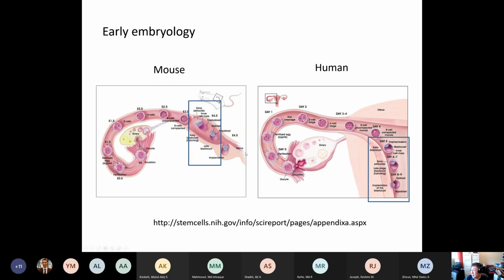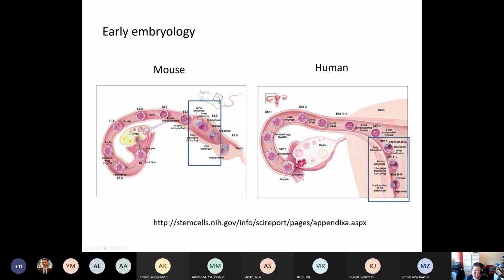The sperm goes into the uterus and then travels up along the so-called fallopian tube, or oviduct, right? That's the oviduct. The sperm will travel all the way up until it meets the egg, the oocyte. So this is the ovary, right?